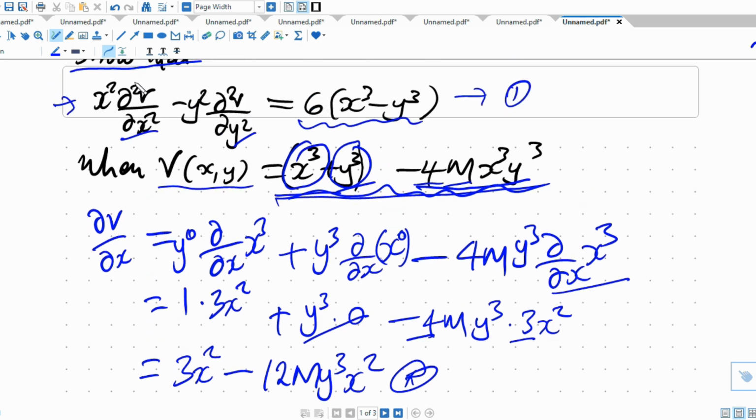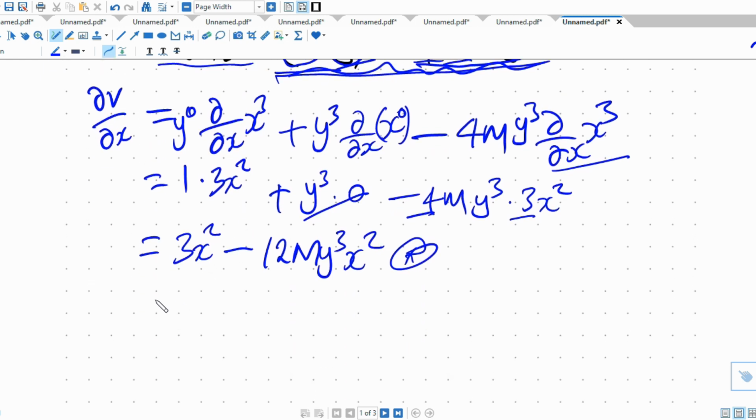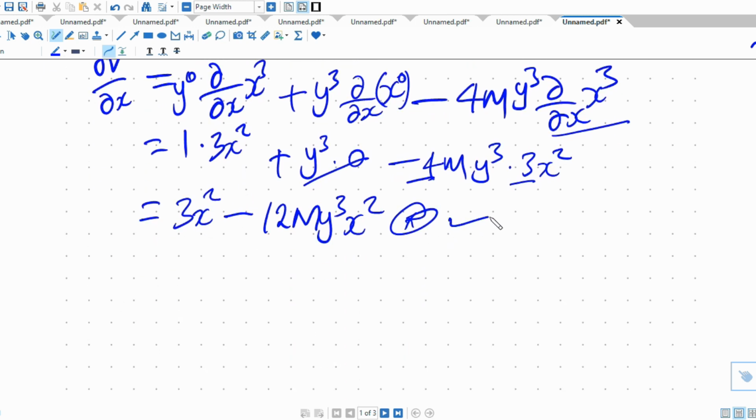But according to the expression, we need to go up to the second derivative. So for the second derivative, we differentiate this one further. So it becomes ∂²v/∂x² equals, again here, we have only x power 2, but it does not mean that our y is absent.